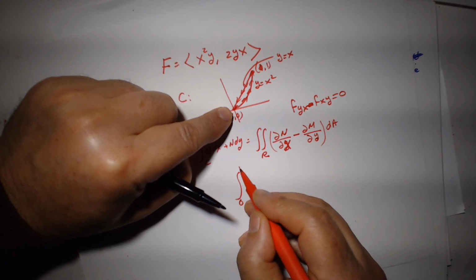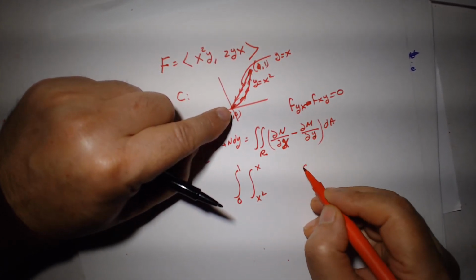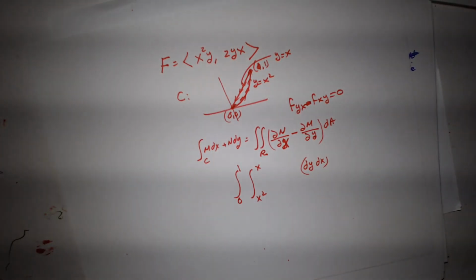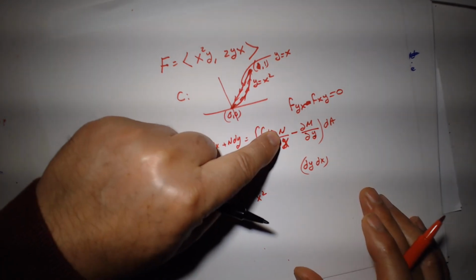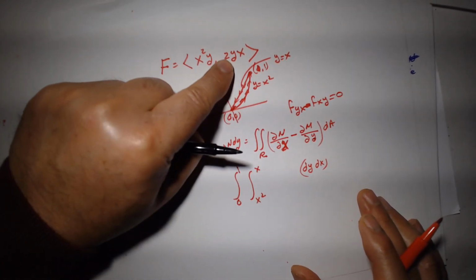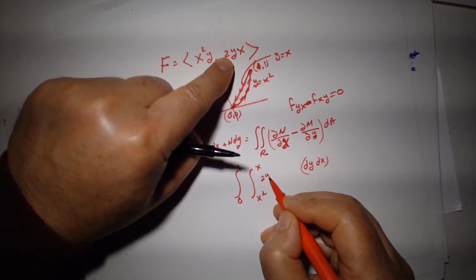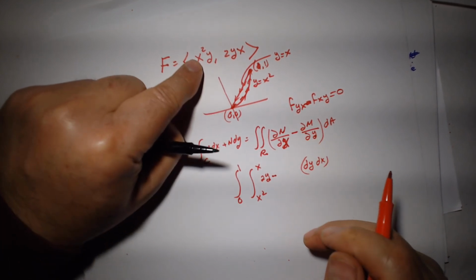X, I'm going to make it fixed. Y, that's the bottom. That's the top. dy dx. That's the area. But what is the y component of the vector field? 2yx. Do it with respect to x: 2y. Minus. What is the M? x squared y.